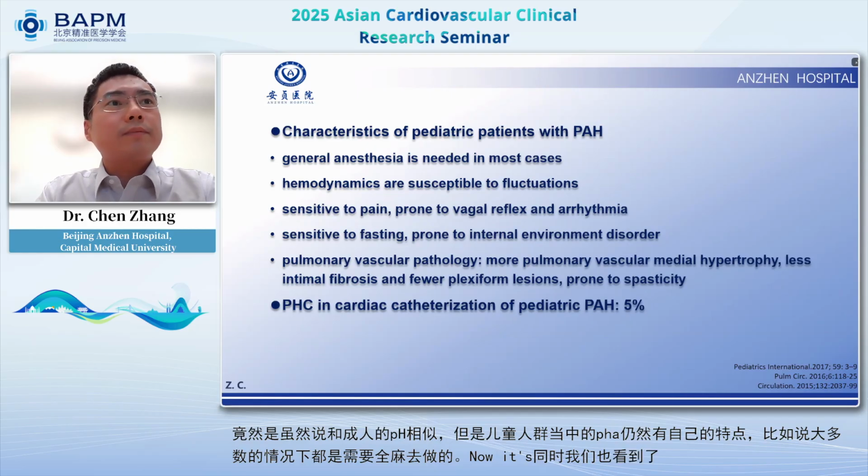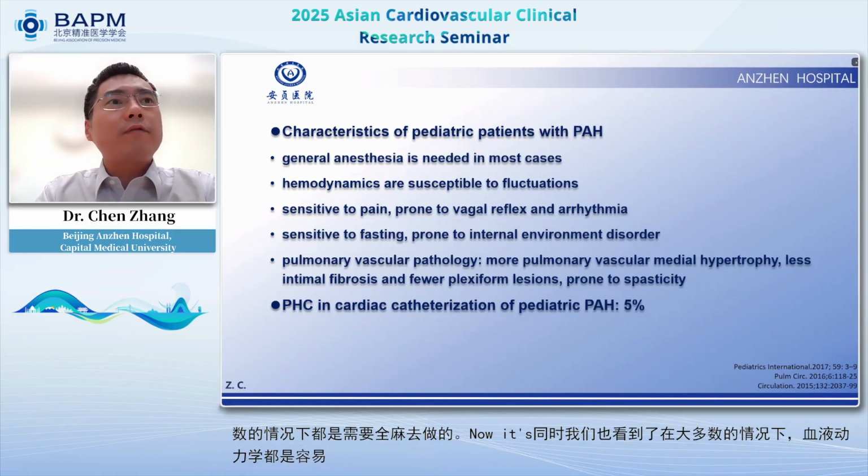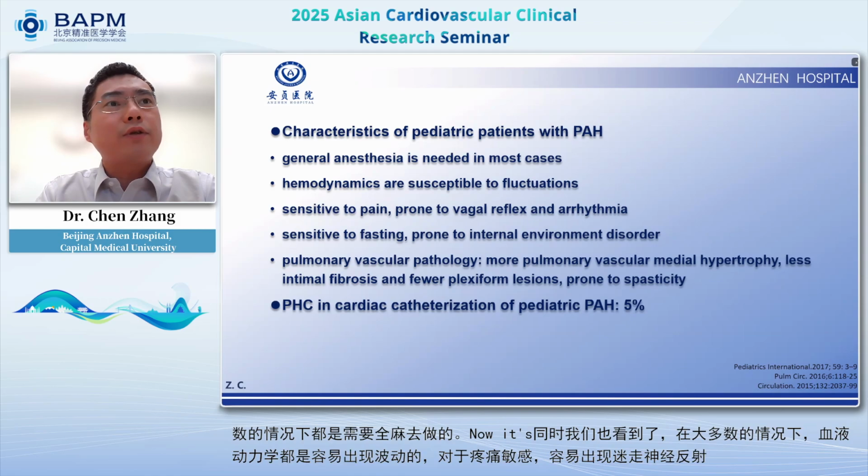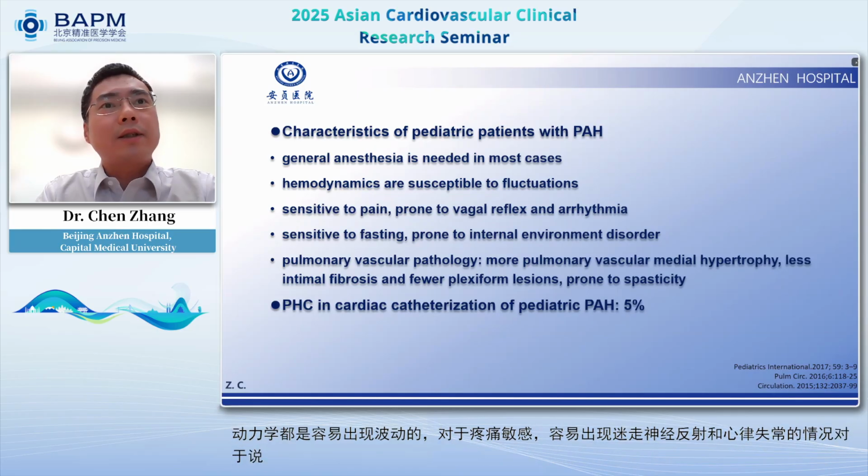Pediatric patients' pulmonary vessels have more pulmonary vascular hypertrophy, less intimal fibrosis, and few plexiform lesions, and are prone to spasticity. Therefore, the incidence of PHC in children is much higher than that in adults.